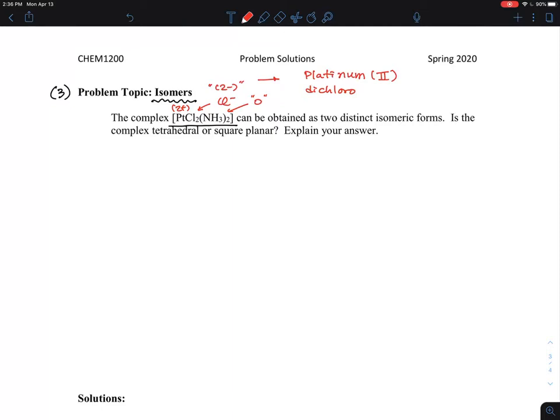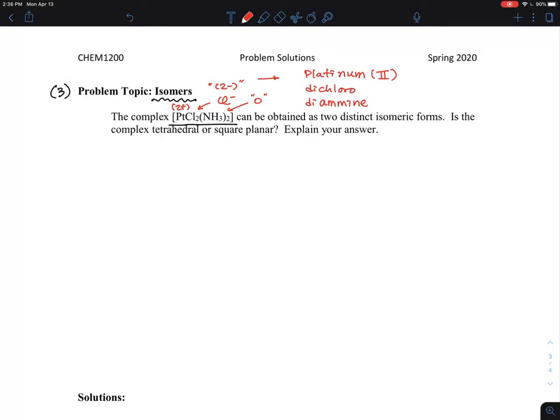Remember, NH3 is ammonia. It's just called ammine. Okay. So this is a diammine.